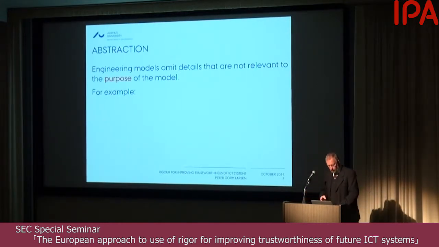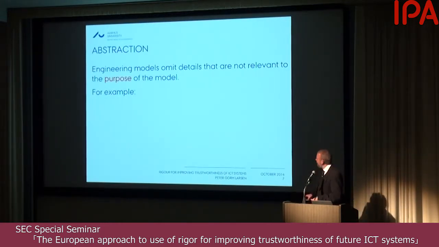So let's look at what abstraction means. Essentially, what is important is to first of all know the purpose of the analysis we would like to carry out, because the purpose determines what we can take out of the equation, what we do not need to think about.